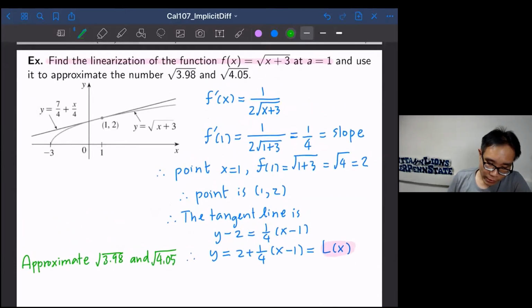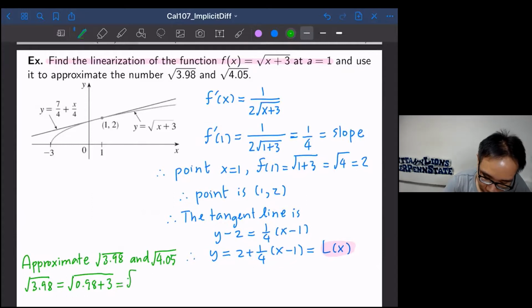You see that this one is for x close to 1. So square root of 3.98 is equal to square root of 0.98 plus 3. So this guy is f(0.98).